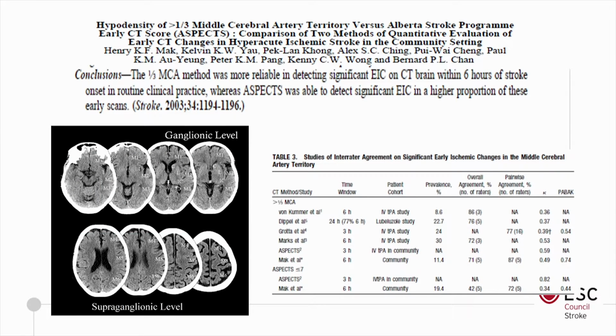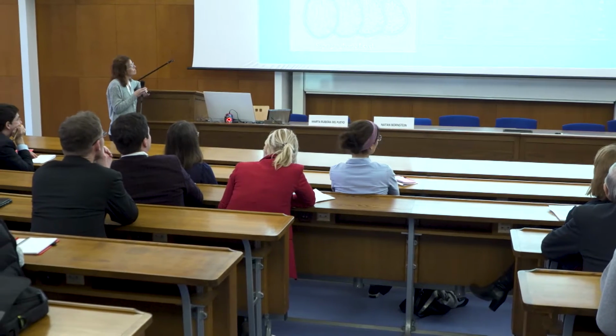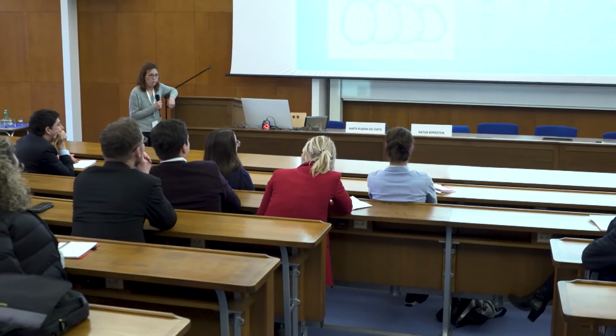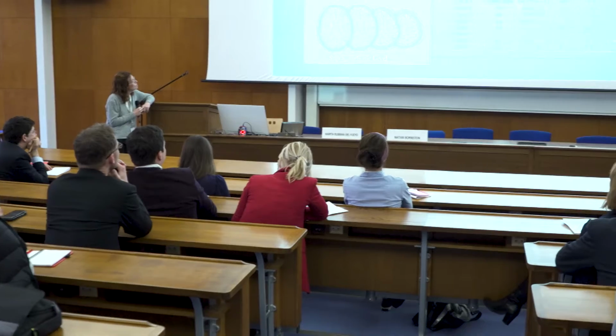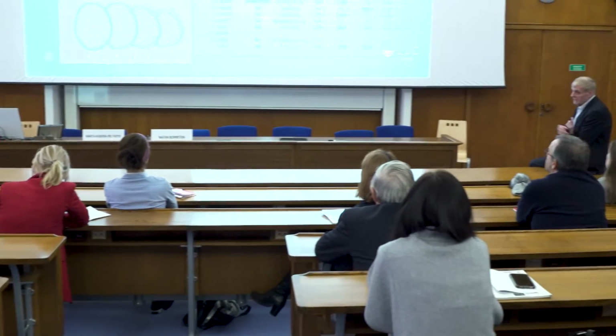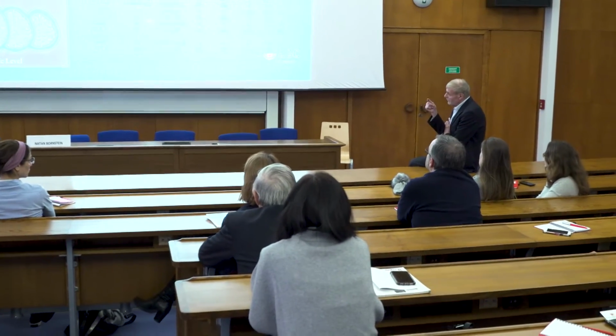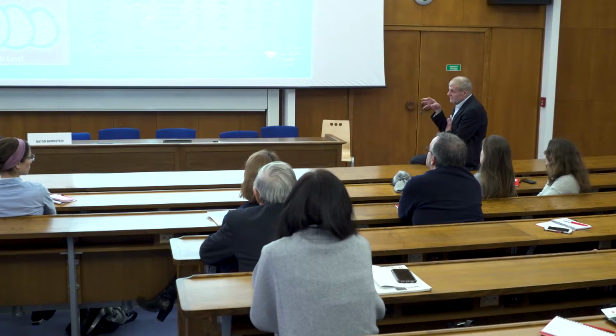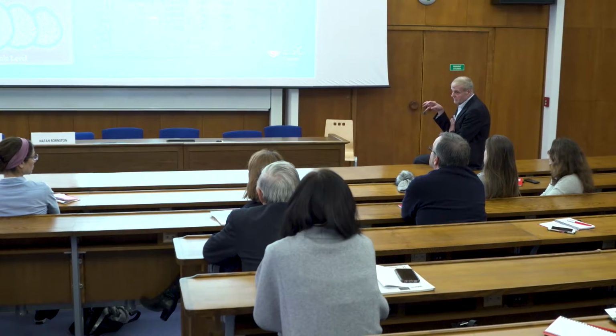You can use ASPECTS if you feel more secure, but I tell you, you shouldn't lose time doing ASPECTS and very sophisticated techniques to give IV tPA. You divide the brain into 10 regions, you can see here on the slide, and then you count how many of the regions already have hypodensity lesions.